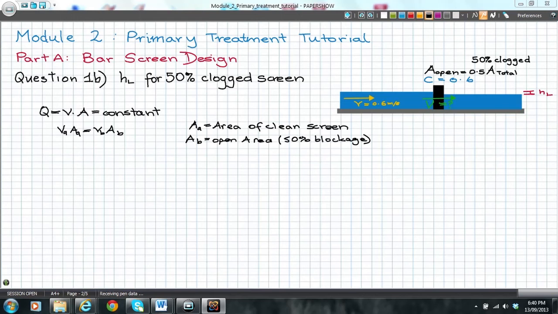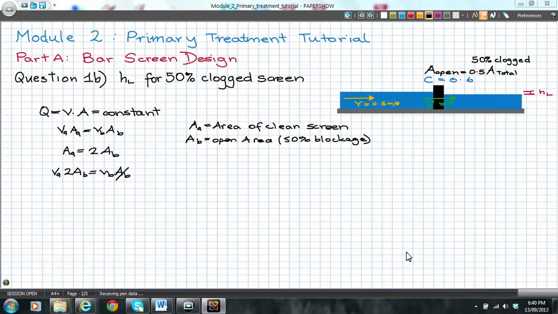If 50% is blocked, that means the area for scenario A is 2 times the area available at scenario B. Therefore, we can plug this into the previous formula. The velocity for scenario A times 2 times the area of scenario B is the velocity for scenario B times the area of scenario B.